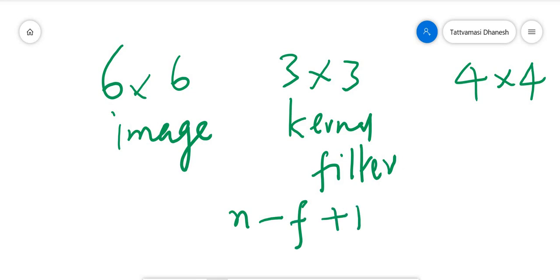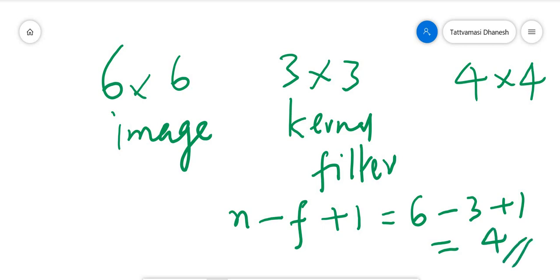Here n is the size of the image, that is 6, and f stands for the kernel or filter. It is 6 minus 3 plus 1, that is 3 plus 1, and it is 4. That's why we are getting an output map of 4 by 4 size. So this is what we discussed.